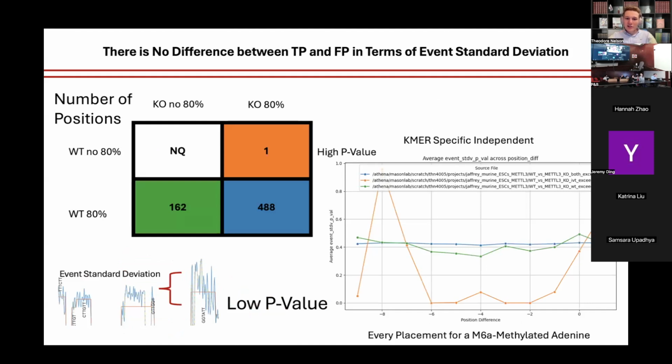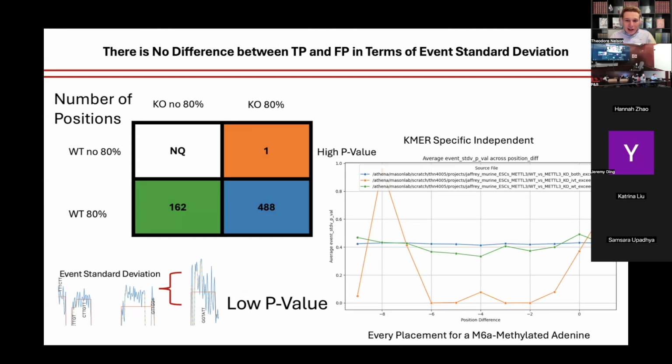What differentiates a true positive from a false positive site, now that we've removed non-calibrated sites, sites that had funky coverage or whatnot? If you look at the event standard deviation, you see very little difference between true and false positive.